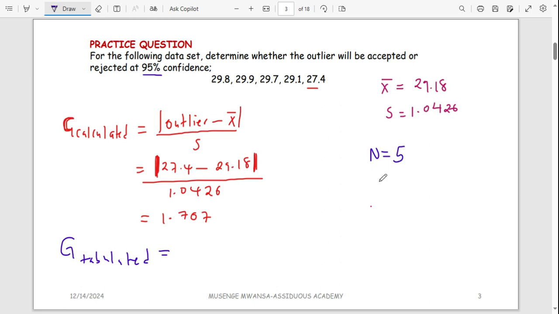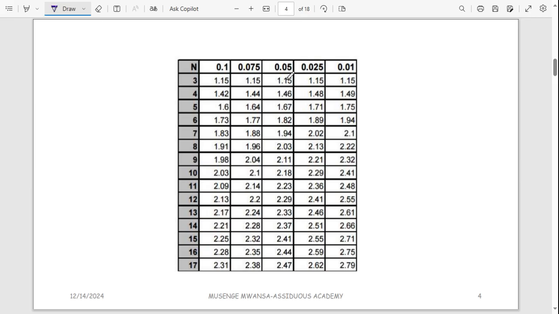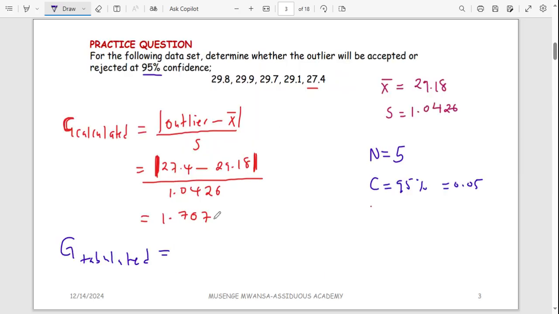We have got 5 values, and then the confidence is 95%. So we go now on the table. 95% is equivalent to 0.05 when you see that. So 0.05 is here, that is our confidence. And then our value is 5. So look at the value that we are finding. That is 1.67.